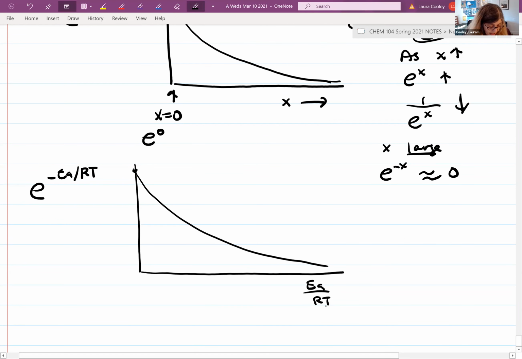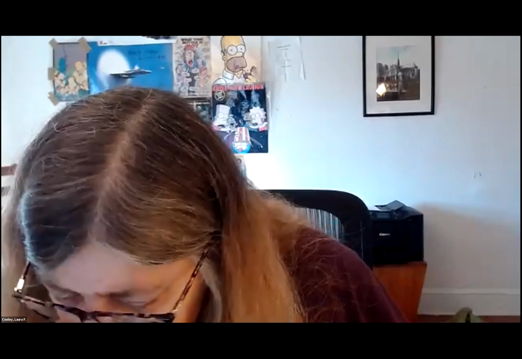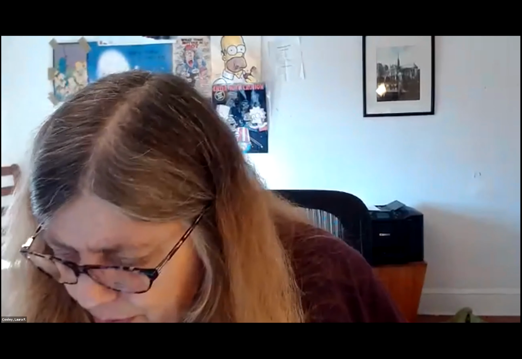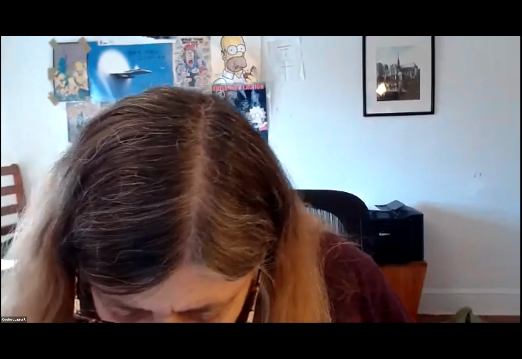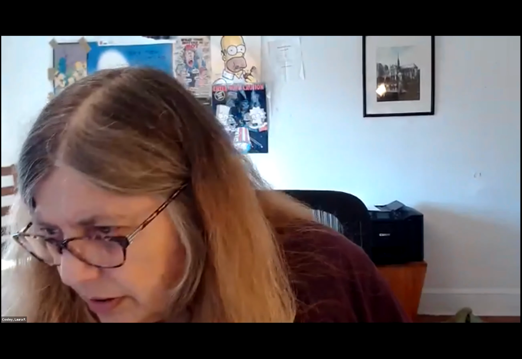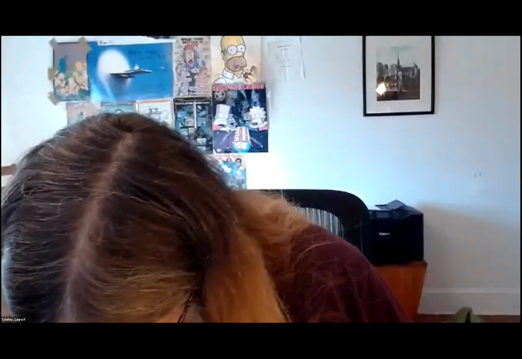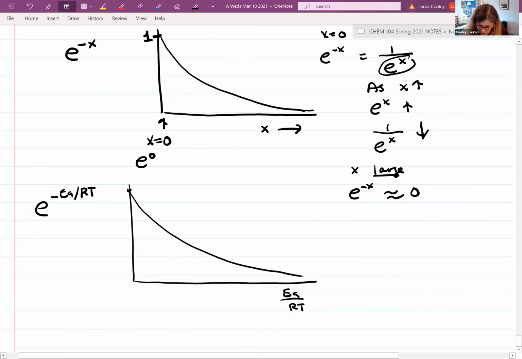It's the activation energy over RT. Okay, so we have the same shape here. Start at 1, goes down.